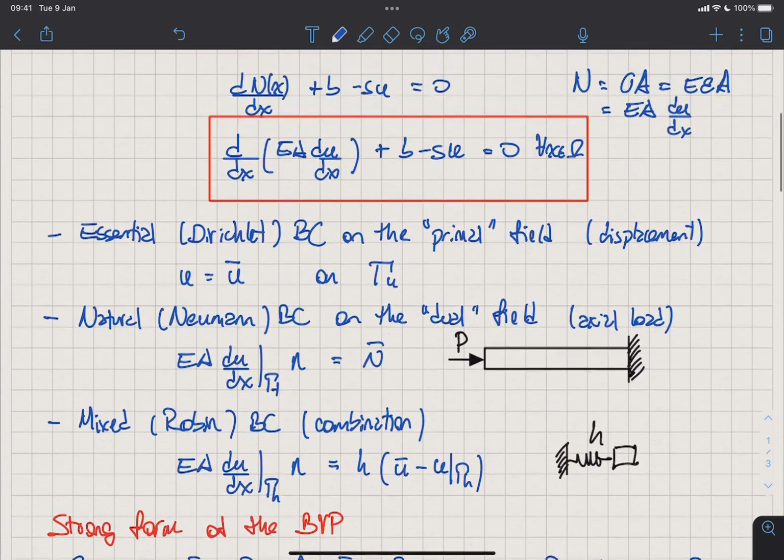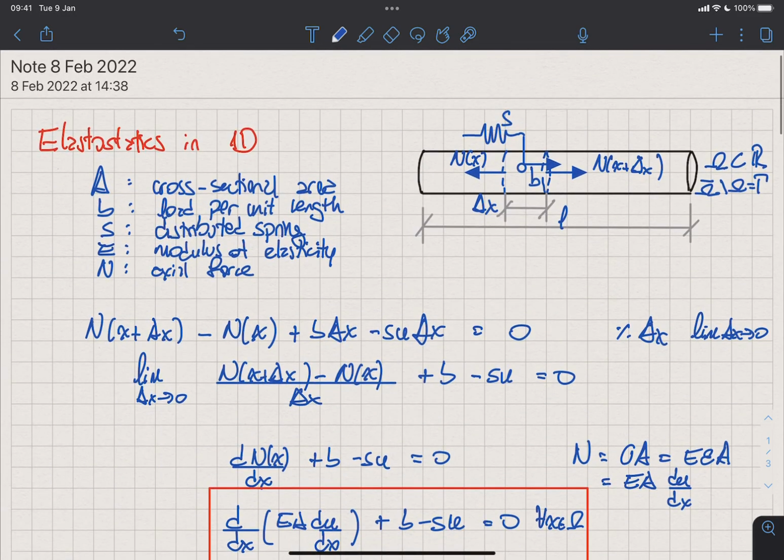Normally, and I have not put it here, if you have a part of the boundary that has a prescribed displacement and another part that has a prescribed traction, you say that your boundary gamma is just gamma U union gamma T. So it's basically the union of the 2 points, which for a 1D case is a bit tricky if you think about it, because these 2 points are very far apart from one another, but you have to think in terms of sets.